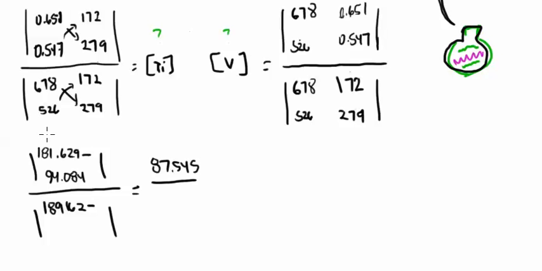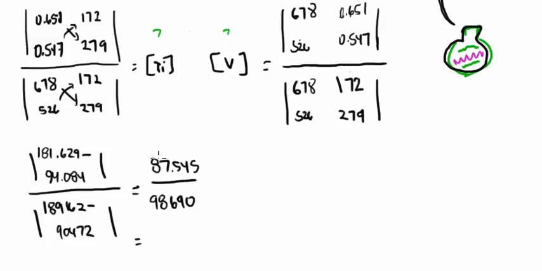So this is 526 multiplied by 172, and you're going to get 90,472. So you subtract those two numbers, 189,162 minus 90,472, and you hit enter on your calculator.